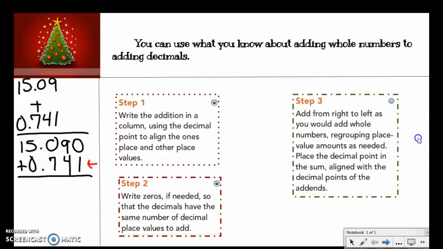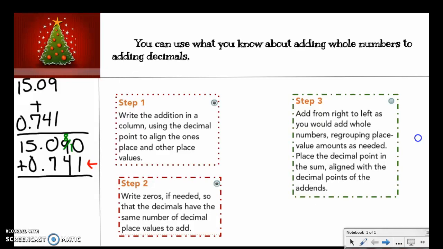Alright, well, we're going to go from right to left. We know that if we have 0, we cannot subtract 1 from that using this method. So we're going to go ahead and borrow a 10 from the 9, turning it into an 8, and turn the 0 into a 10.